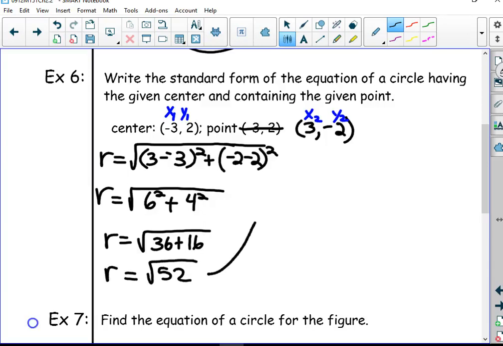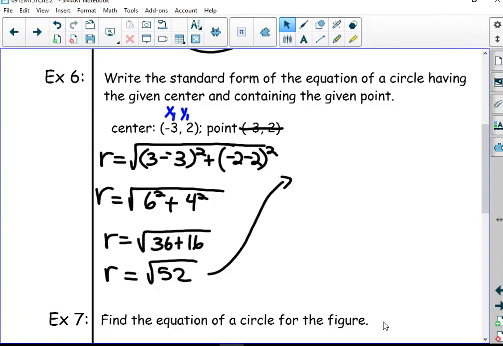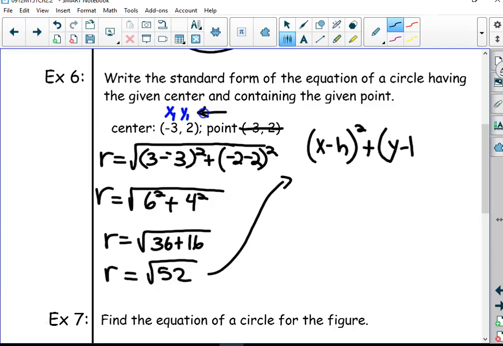Okay, now we're going to write the equation. Okay, so we're going to take this radius and put it in our formula for our general form of the equation of a circle with a center not at 0, 0. So our center is here at x1, y1. So we have x minus, our formula has x minus h squared plus y minus k squared equals r squared.